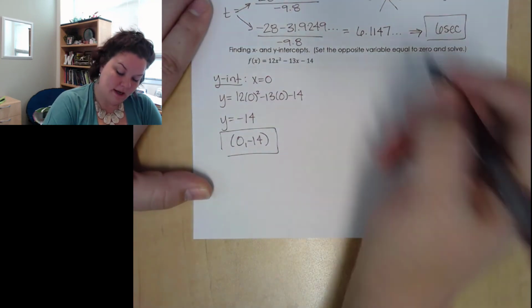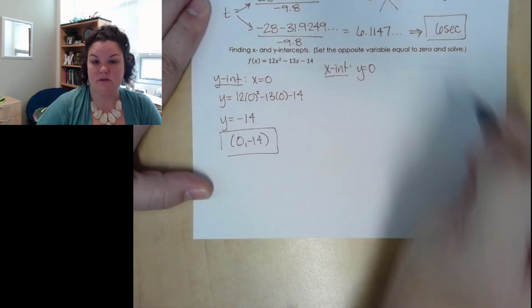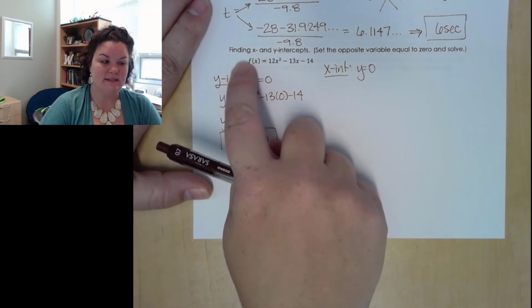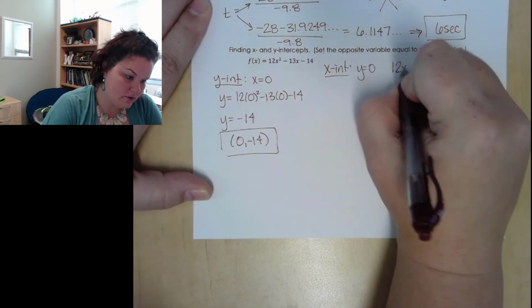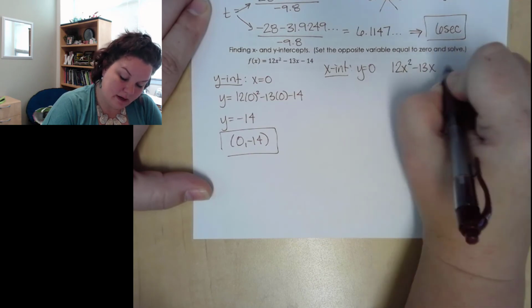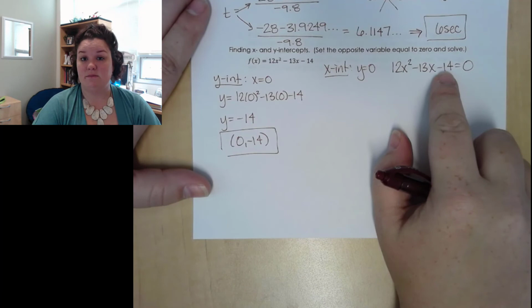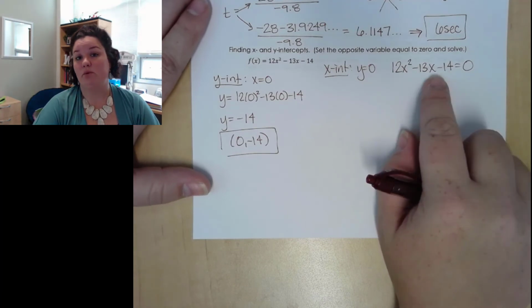All right, so now let's look at our x-intercept. For our x-intercept, we're going to set y equal to 0. And remember, y is our f of x, so this whole side's going to be 0. So we're going to get 12x squared minus 13x minus 14 equals 0. Now, this one doesn't have decimals or fractions, so you actually could try and do some product here.